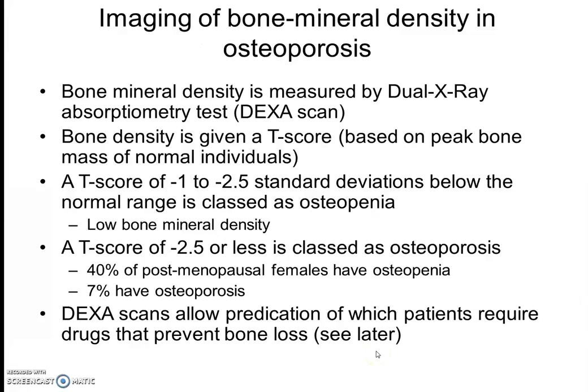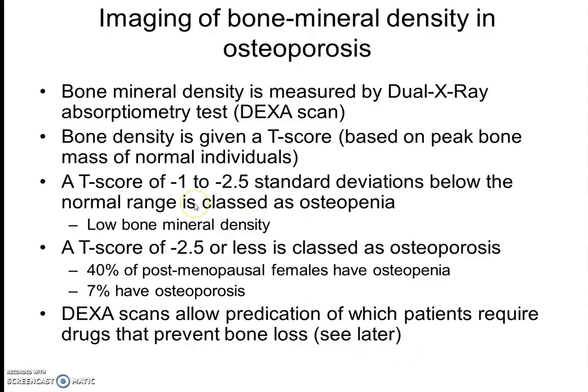We can measure the degree of damage in osteoporosis by doing a bone mineral density scan, or a DEXA scan, dual X-ray absorptiometry test. This is just doing an X-ray of the bone and looking to see what the bone mineral density is.